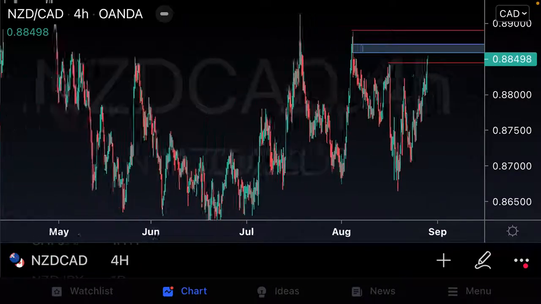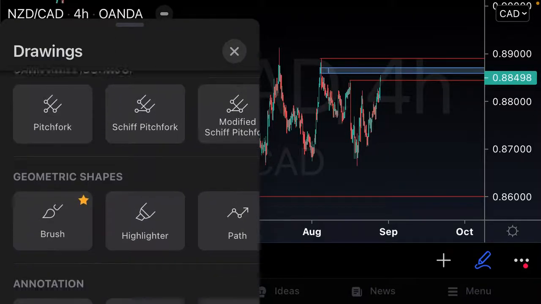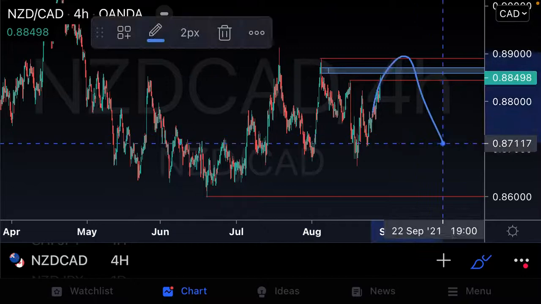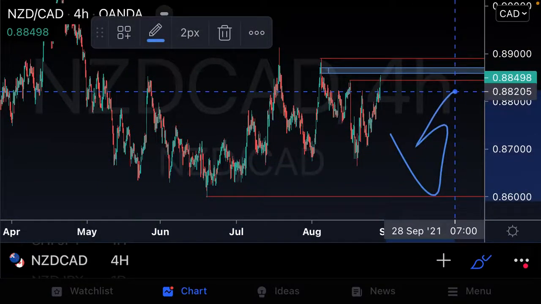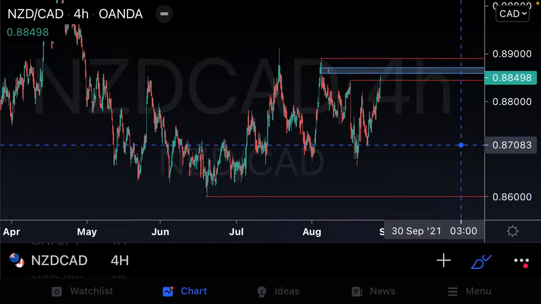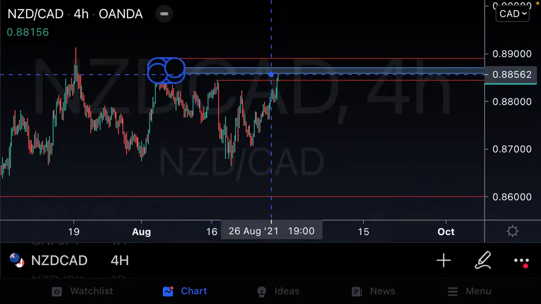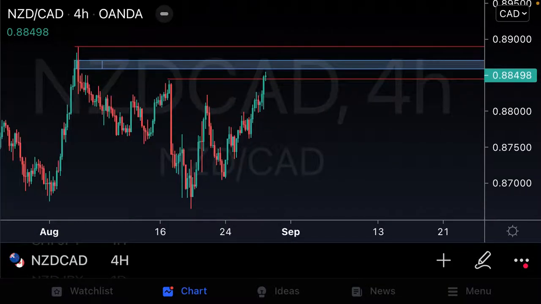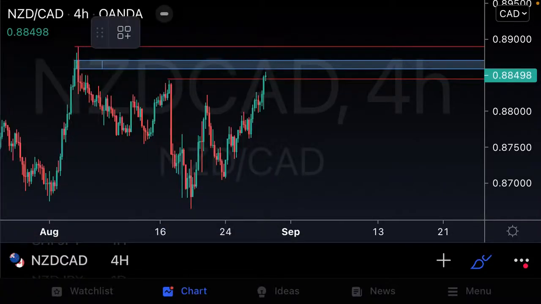So what we're going to do, guys, is we're going to treat this market like a range, like what it is, and we're going to be looking for those selling probabilities from the high of this range, guys, and buying probabilities from the low of this range. That is how we treat our ranging market. And because we're looking for selling probabilities from the high of this range, over the course of next week, guys, we're going to be looking at the structure development on New Zealand dollar CAD, waiting for that bearish bias structure.